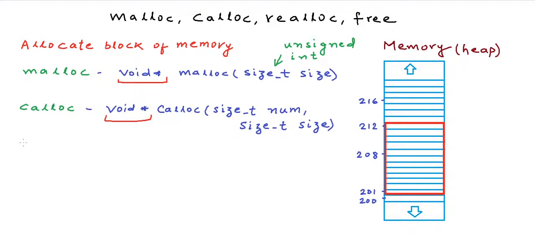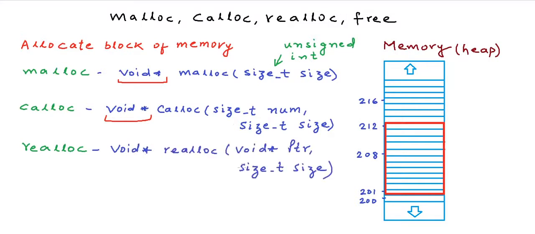The third function that we want to talk about is realloc. If you have a dynamically allocated block of memory, and if you want to change the size of this block of memory, then you can use realloc. The definition or the signature of this particular function is that it takes 2 arguments.